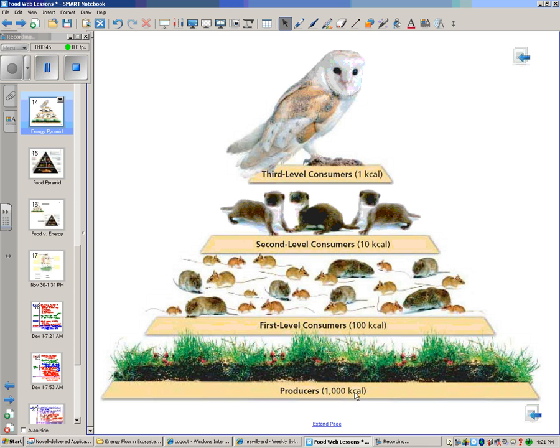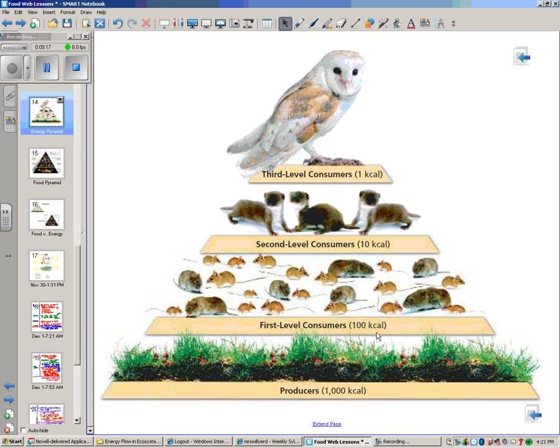So the producers have, let's say in this example, 1,000 kilocalories. 90% of that's going to be used to keep them alive, keep them functioning. And then 10% is going to be passed on to whatever eats the producer. So 10% of 1,000 kilocalories is 100 kilocalories. So these first level consumers who are most likely going to be an omnivore or an herbivore are only going to get 100 kilocalories from eating that producer. So 100 kilocalories they have to work with.